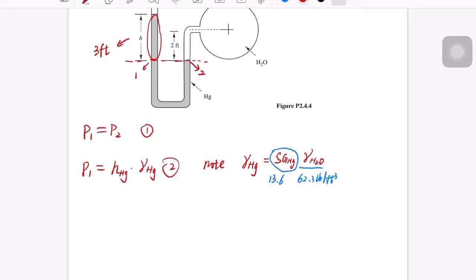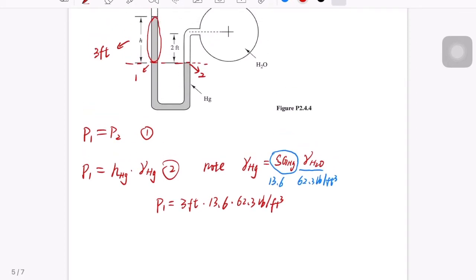So now we can write P1 equals 3 feet times 13.6 times 62.3 pounds per cubic foot.